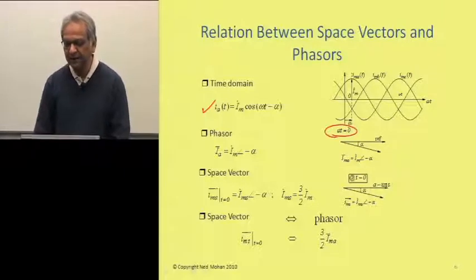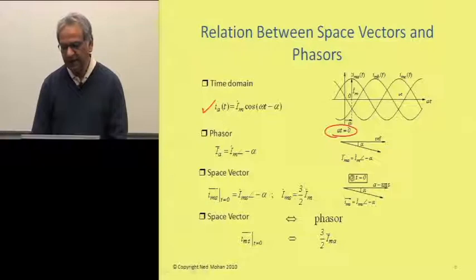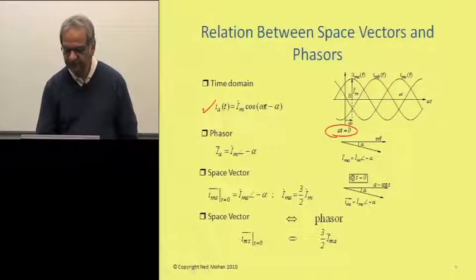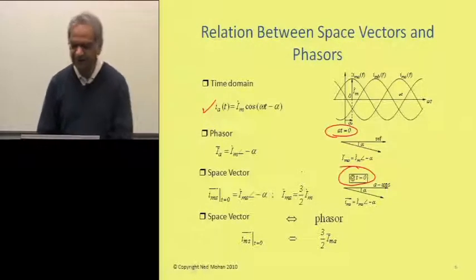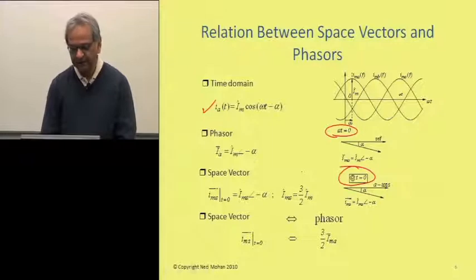That means, having chosen the time origin as we did in this diagram, it will be along the phase A axis alpha degrees later. So at time t equal to 0, this stator current space vector is alpha degrees behind, and that is what is shown in this diagram.